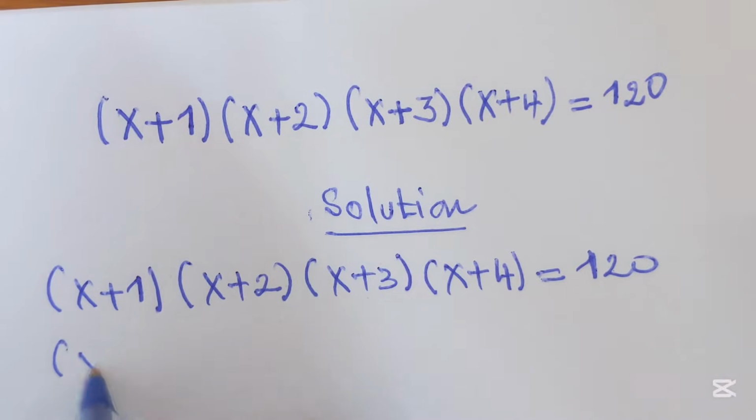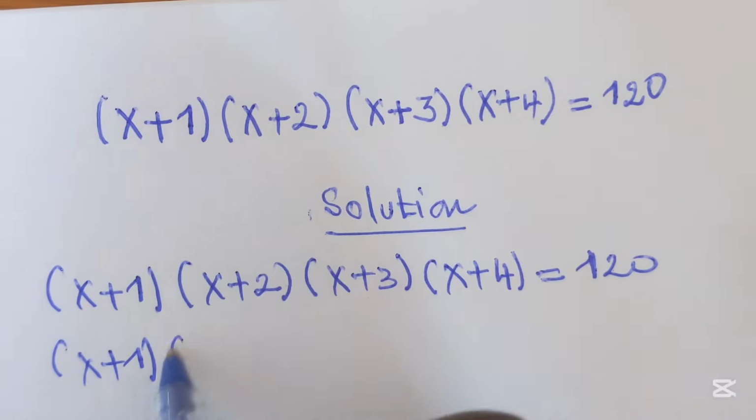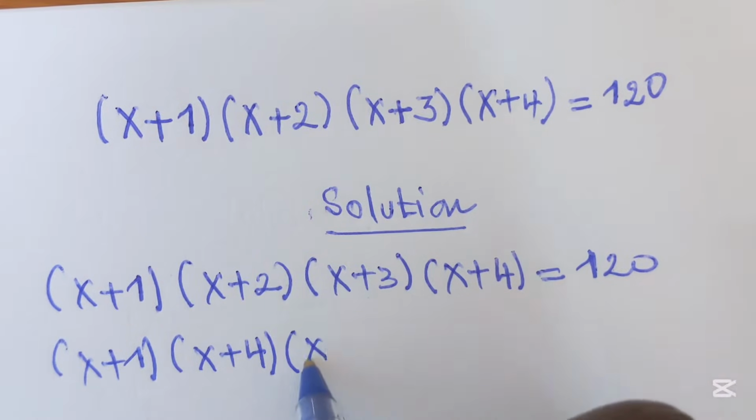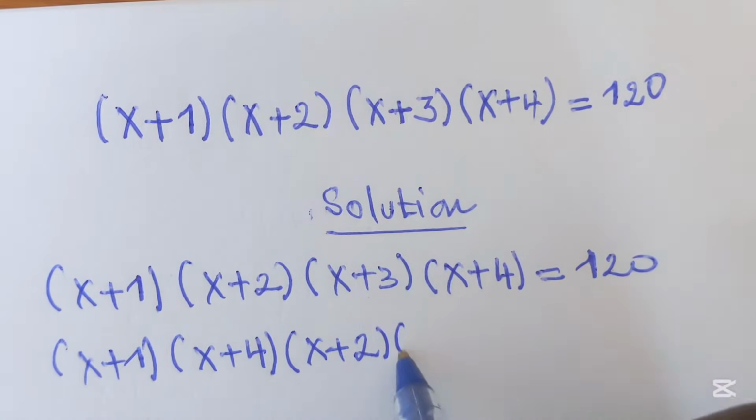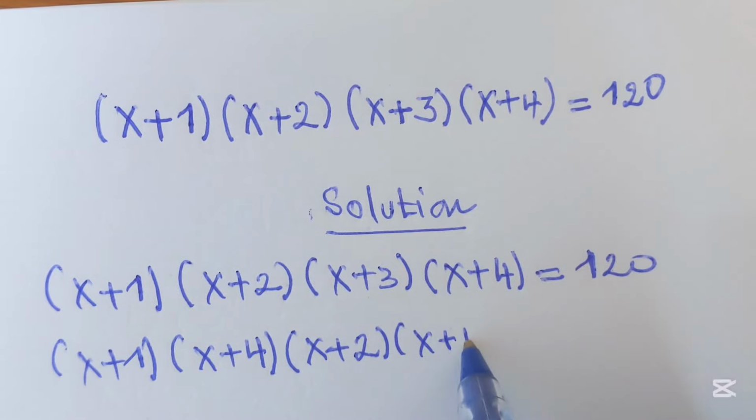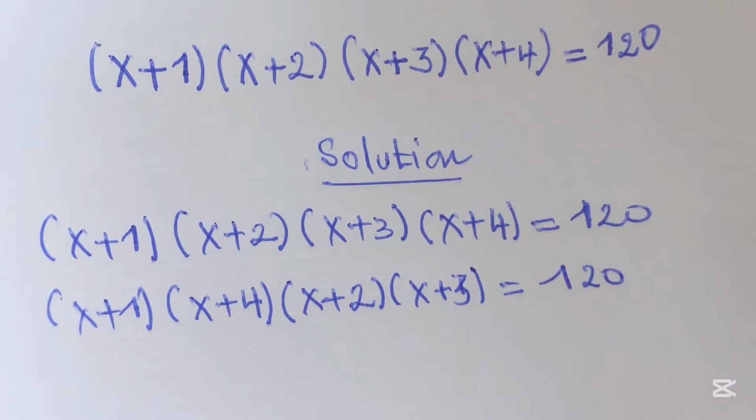Here we can rearrange x+1 with x+4, then times x+2 times x+3 equals 120. Okay?